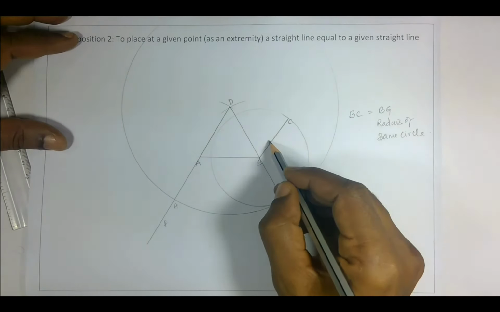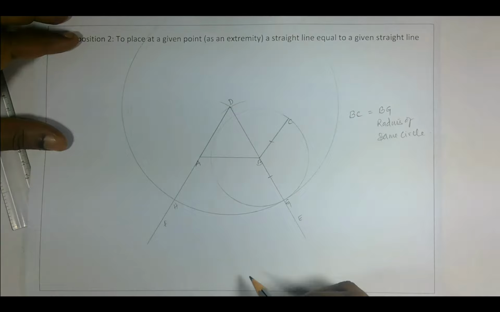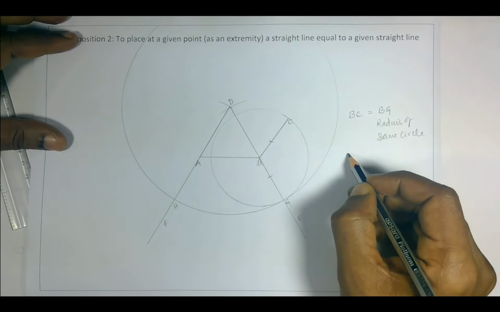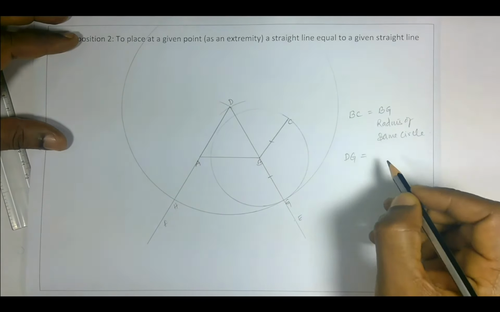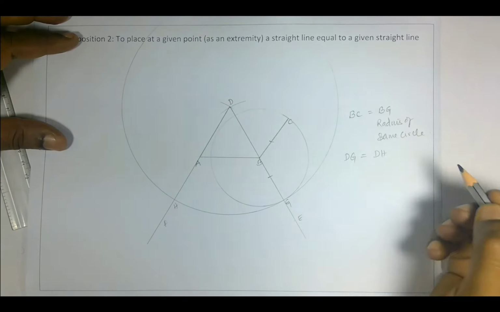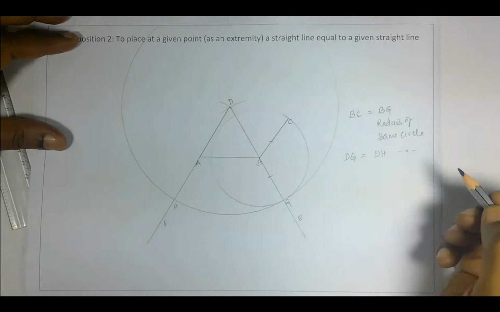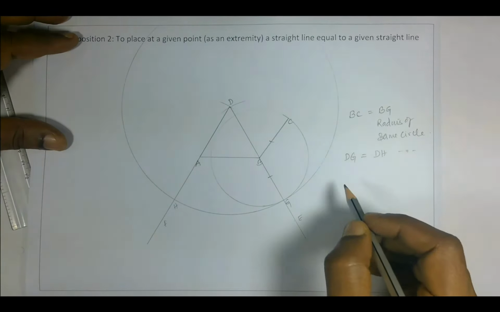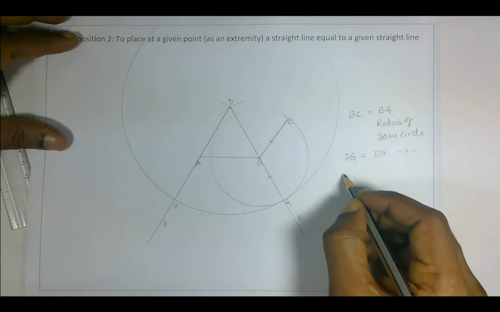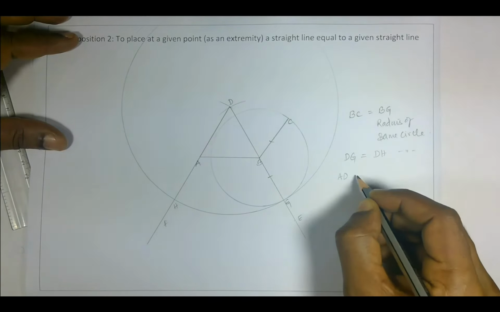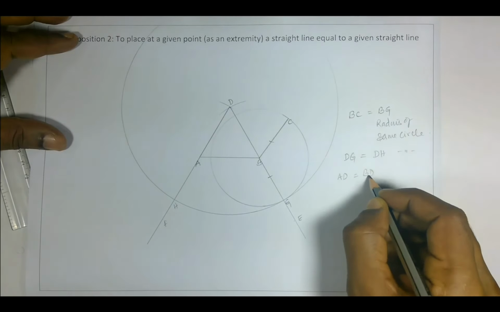So this is equal to this. We also know that DG is equal to DH. Why? This is the bigger circle, this is the smaller circle. Now we already know that AD is equal to BD.